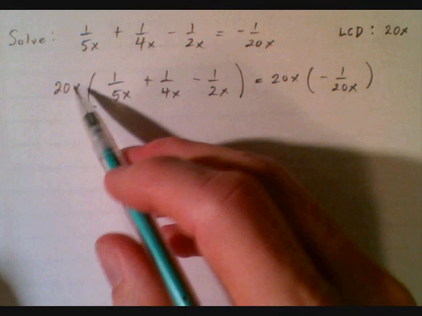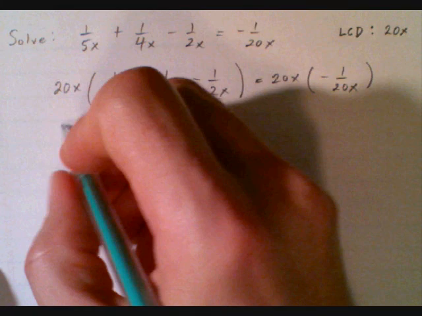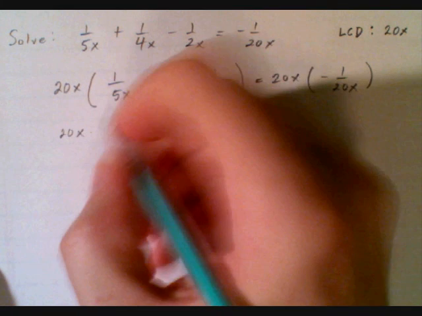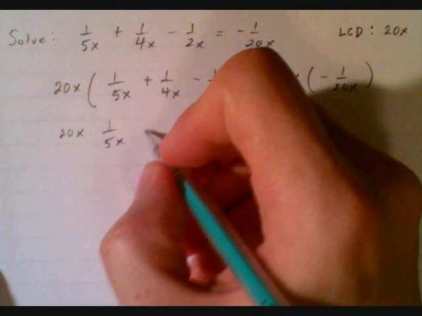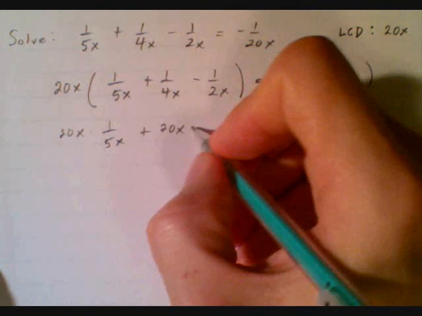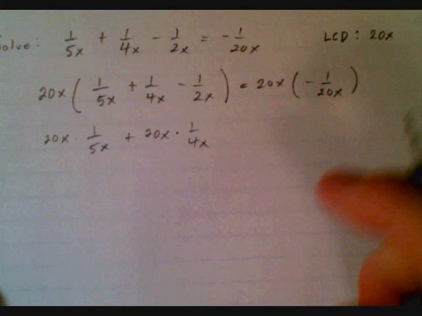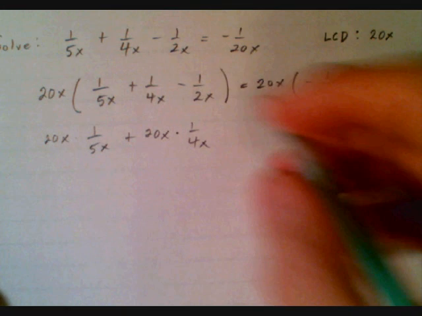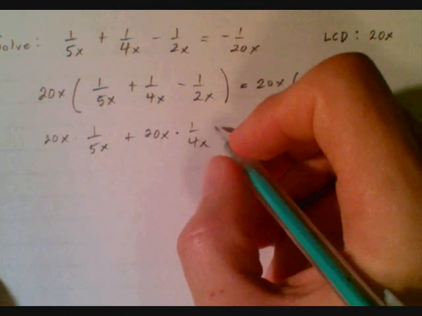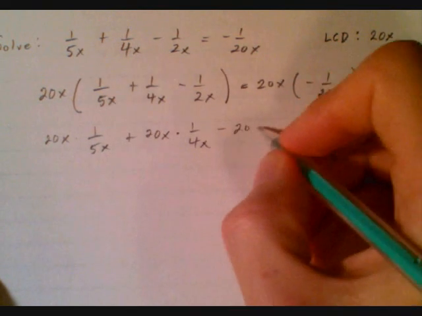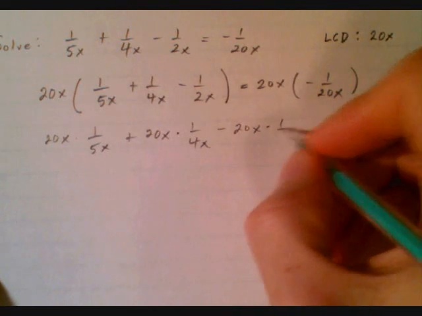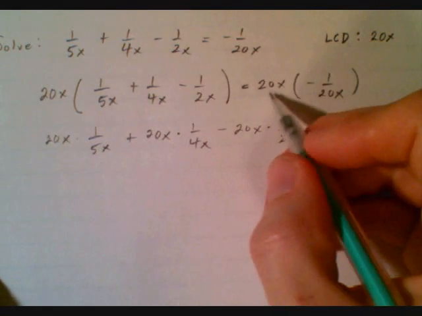So I have 20x times 1 over 5x plus 20x times 1 over 4x, minus 20x times 1 over 2x. And of course, on the right-hand side, let's do this. Cancel those, I get negative 1.